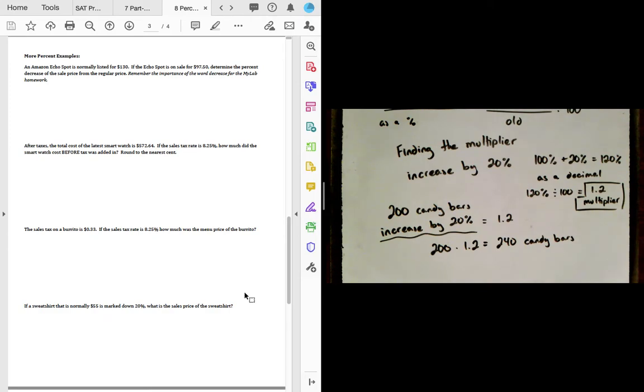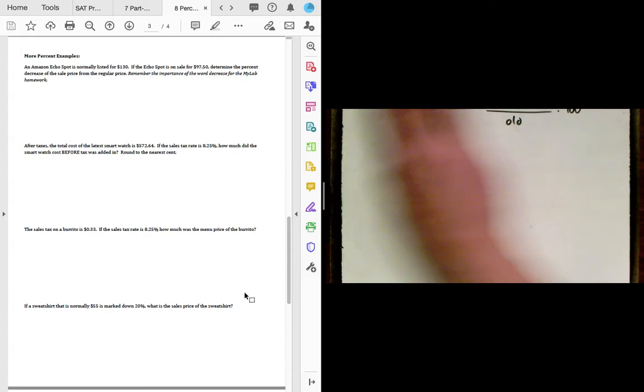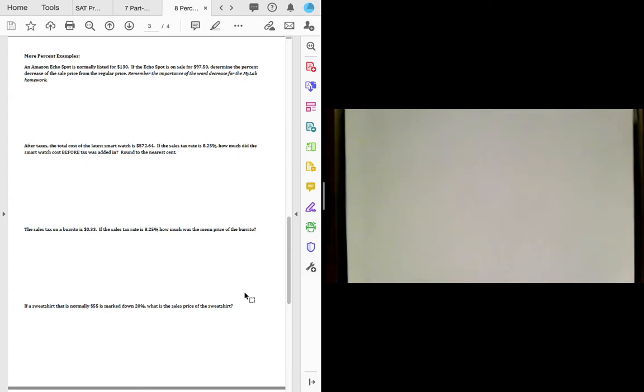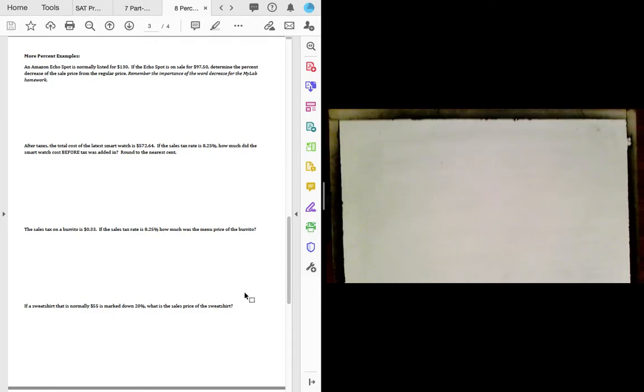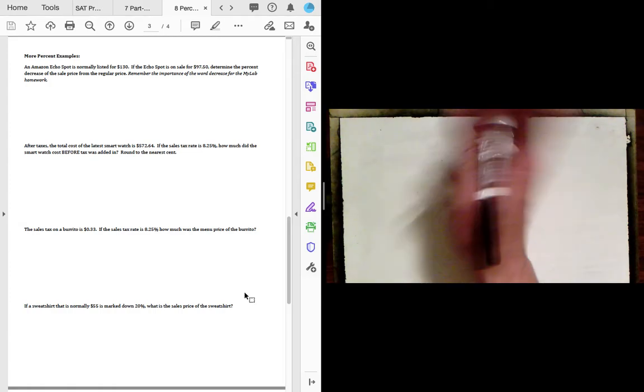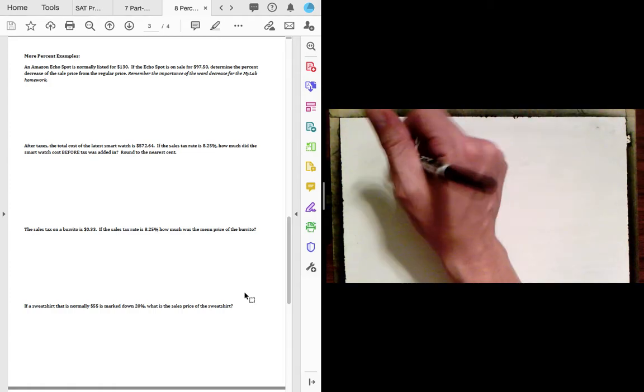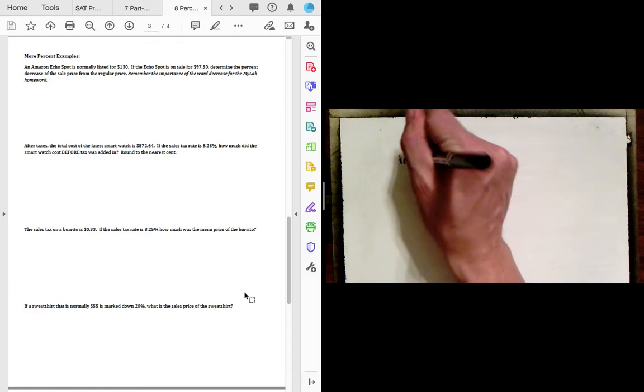So now that we've looked at an example of finding the multiplier, I'd like to write out a couple of examples and have you work on them on your own. I'm going to write out a few examples and I want you to give me the decimal representation of those. How about we just did an increase of 20%.